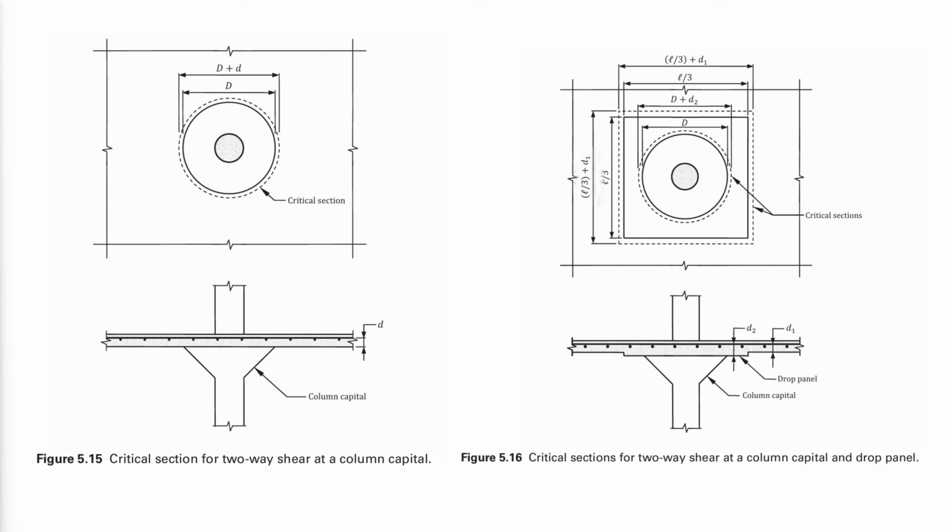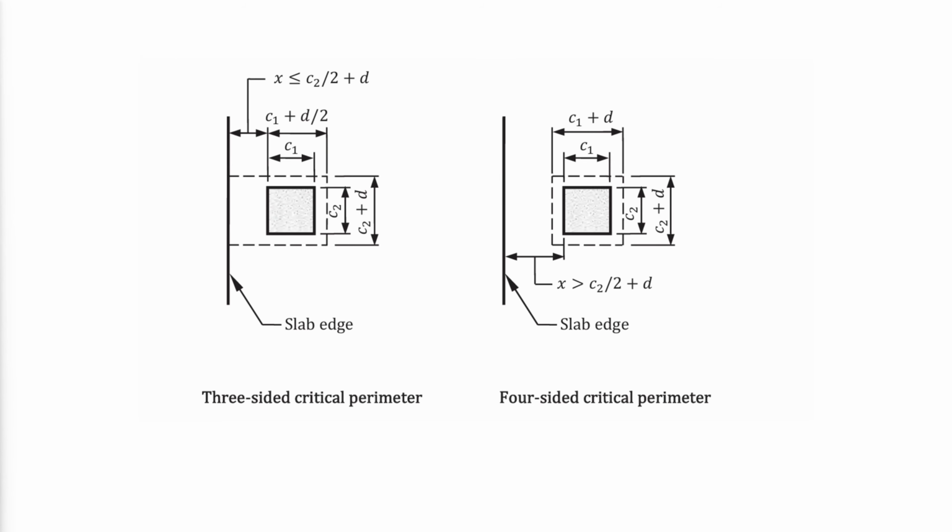In the case of columns with circular capitals, with and without drop panels, the critical sections are determined as shown. The critical section can be 3 or 4-sided depending on the distance of the column from the slab edge. If the column is closer than half the perpendicular column width plus the distance to the reinforcement from the extreme compression fiber, the critical section will be 3-sided, otherwise it will be 4-sided.